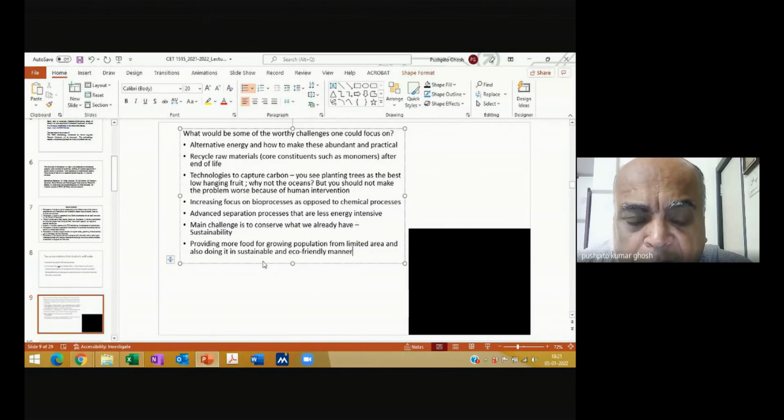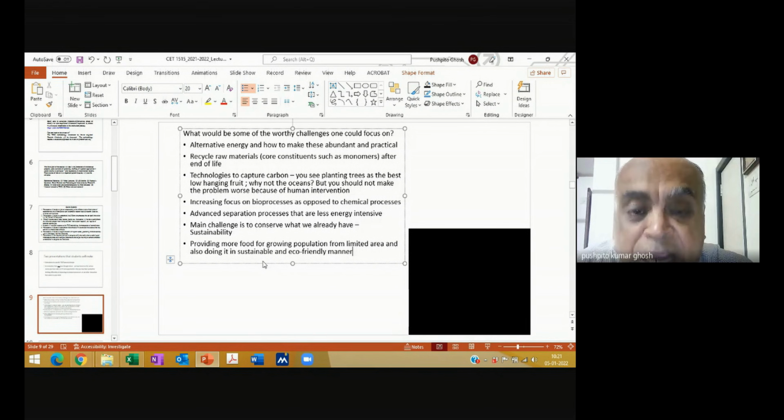So the only solution is to have very safe pesticides or very safe fertilizers which will do no harm. Otherwise, it's bound to happen.